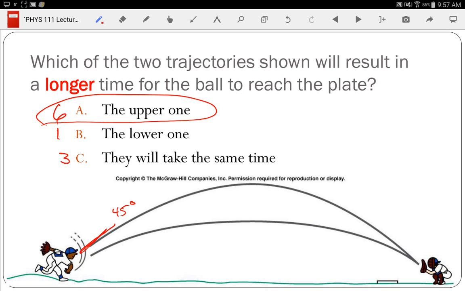So the time is shorter and you have the same horizontal distance, so it has to have a higher speed. Now, if you threw it like this, that would also have to be faster. The slowest speed you can make it with is at the 45-degree angle.